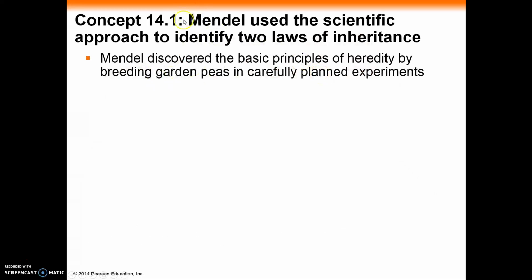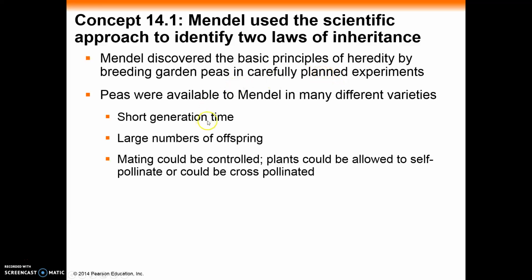All right, so to start off with, Mendel discovered the basic approach of heredity by breeding garden peas in carefully planned experiments. So why peas? Well, peas were available in many different varieties.